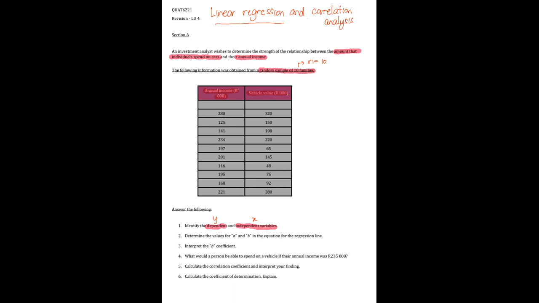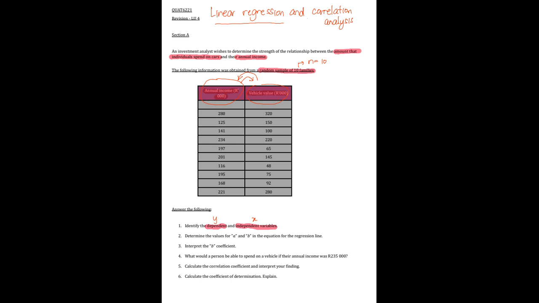So between the two variables, annual income and the value of the vehicle, you need to now identify which of them is X and which of them is Y. So you're going to always ask yourself the question in this manner. You're going to say, does the annual income depend on the value of the vehicle, or does the value of the vehicle that is being purchased depend on your annual income?